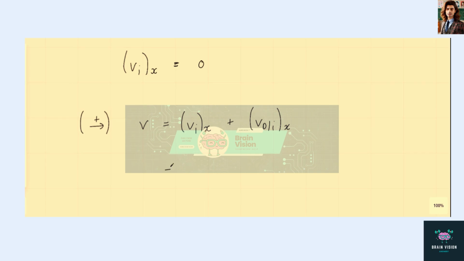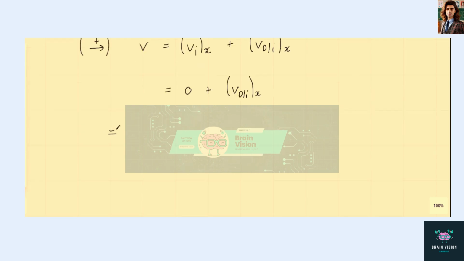And so this is equal to 0 plus v_di x. So we can simply see that the relative velocity v_di, its x component at least, is equal to v.